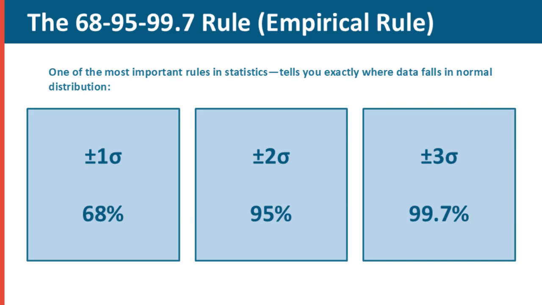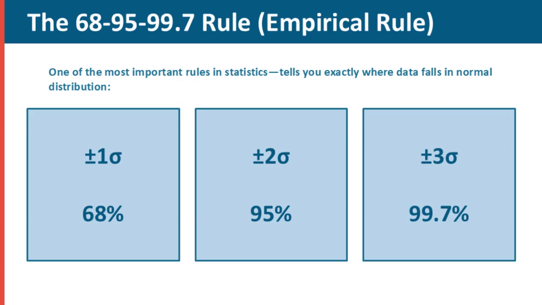So if your mean is 100 and standard deviation is 15, 68% of your data will fall between 85 and 115. 95% of the data falls within two standard deviations. For the same example, 95% falls between 70 and 130. This is why two standard deviations is often used as an outlier threshold.